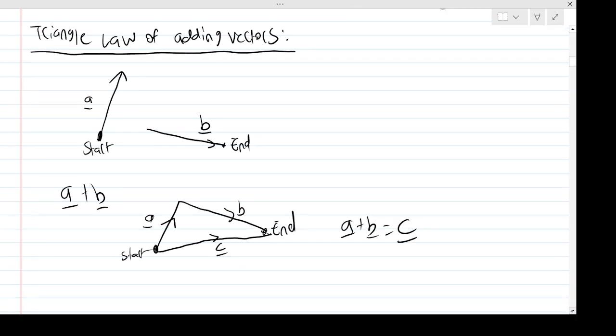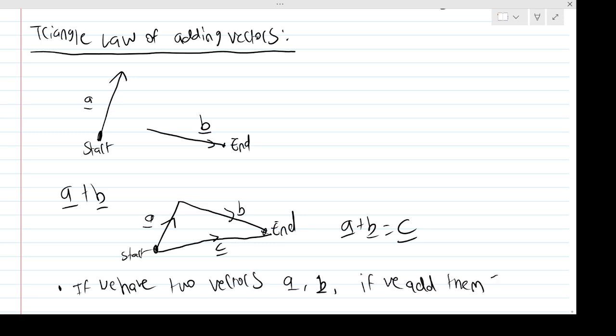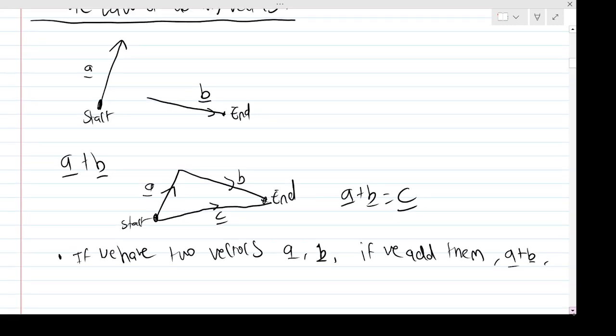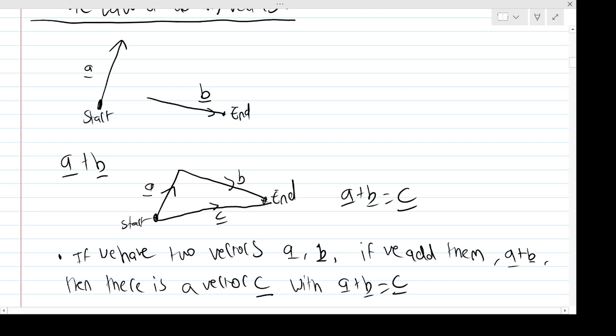So the whole idea, in words, is: if we have two vectors A and B, and we add them, we get A and B, then there's a vector C, with A and B equals C. That's really it.